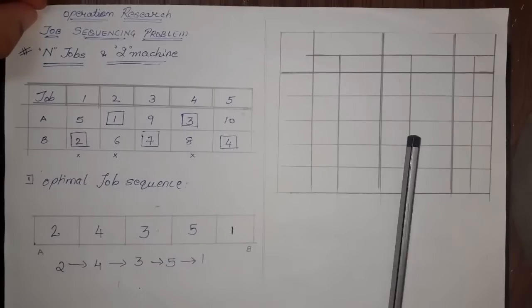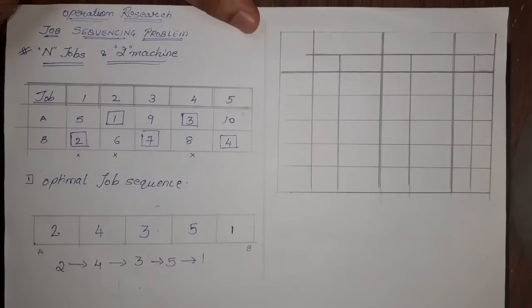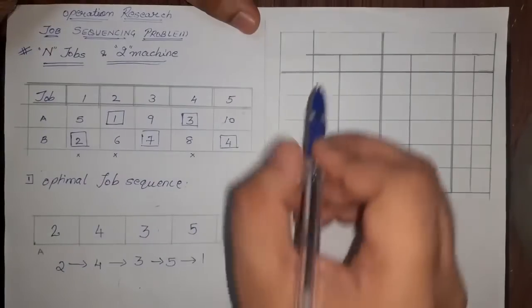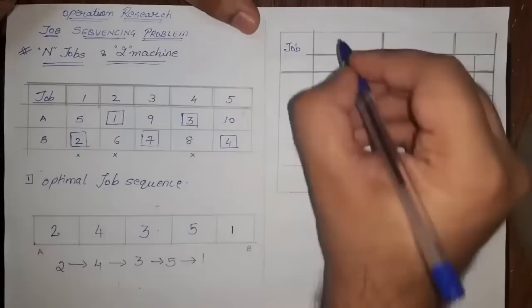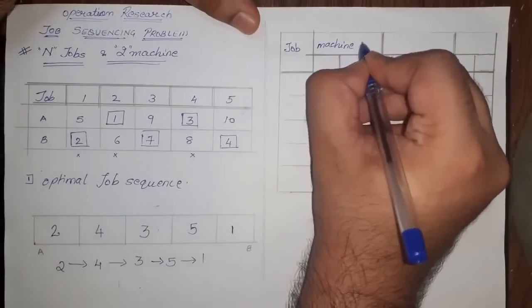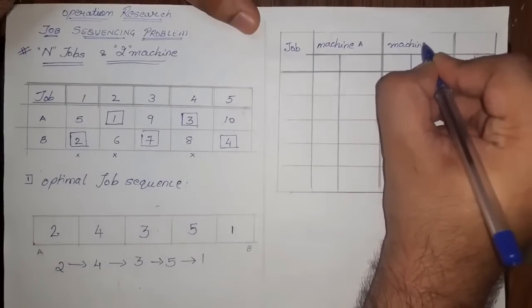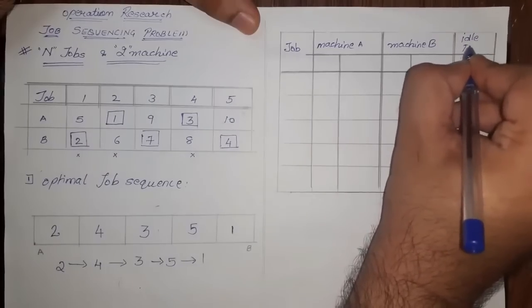Now let us see the format of calculation of idle time and elapsed time. This is the table that we need to create. The first column will have jobs. Since there are two machines, we'll have machine A and machine B, and then the idle time.